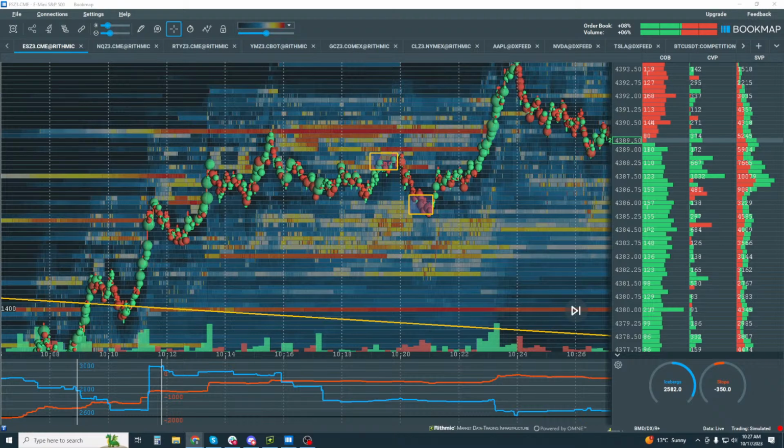Wyckoff has been around for a long time, and he's got an interesting story too. Like he really just hated to see retail investors just getting clobbered. So he came out with this markup, markdown, accumulation, distribution to help people.